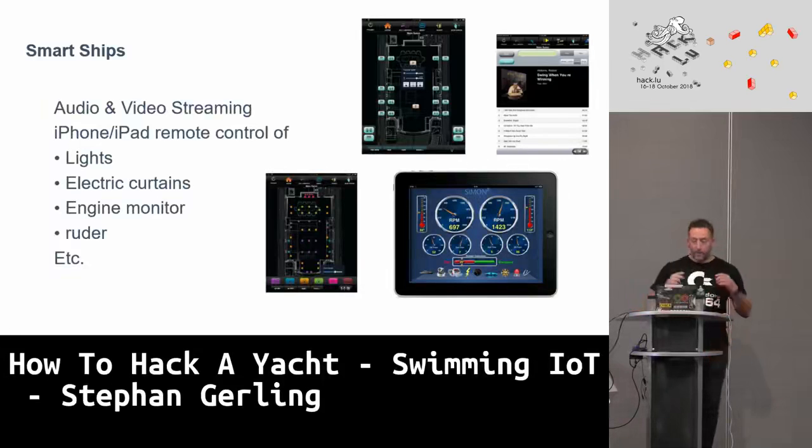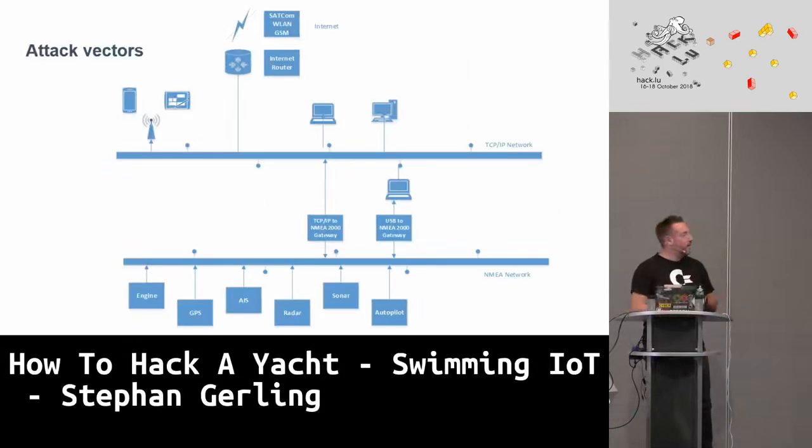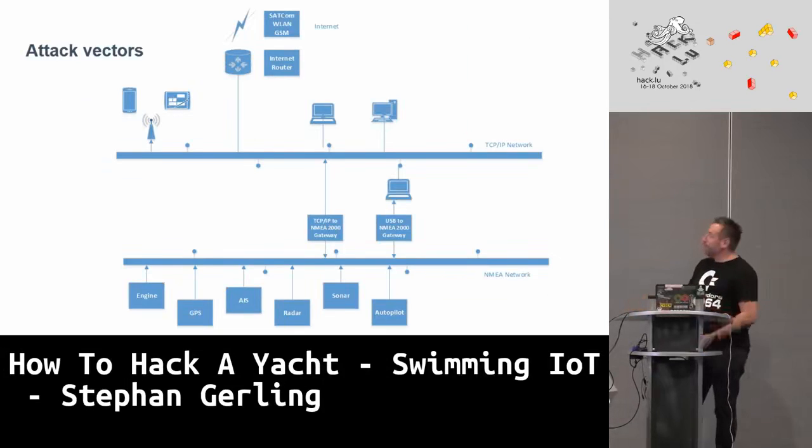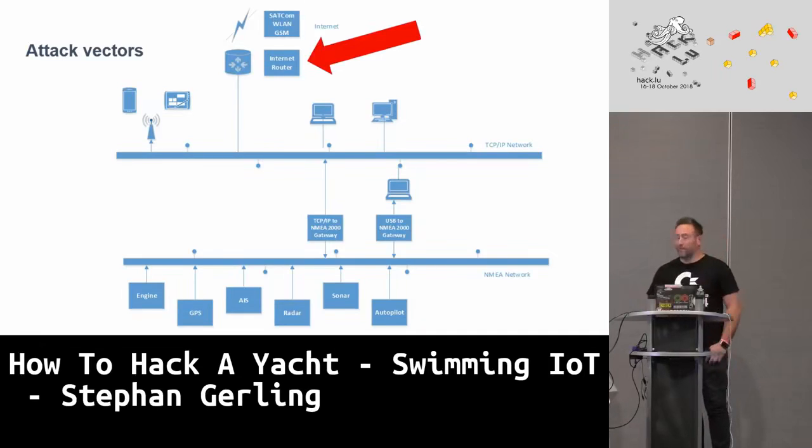And when we put everything together, we have a small network. This is a small network diagram, and here we already see the different attack vectors. We can attack it over the internet, and it doesn't matter if it is over wireless, GSM or satellite.